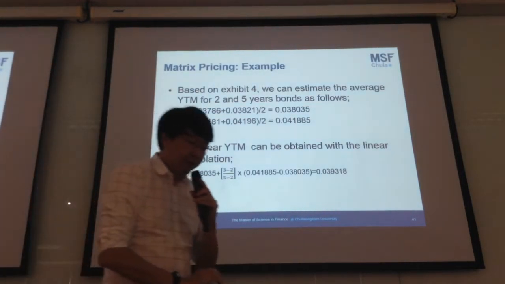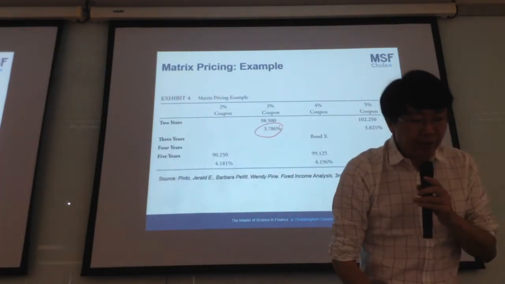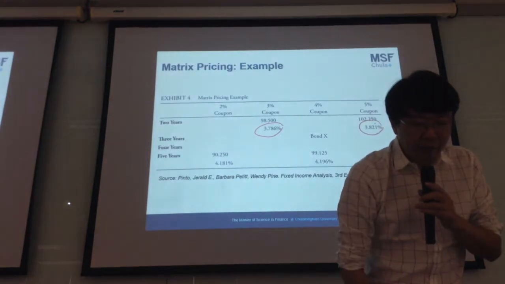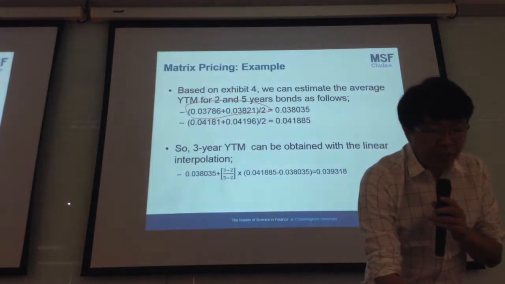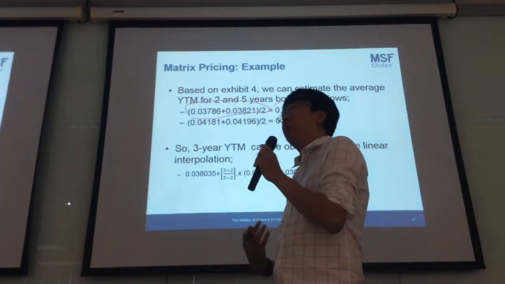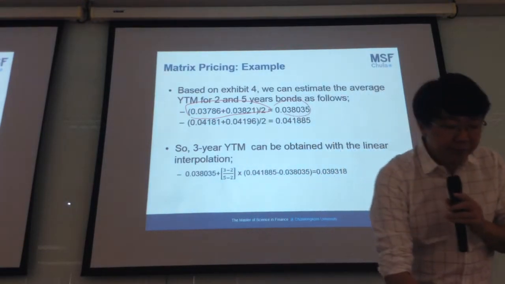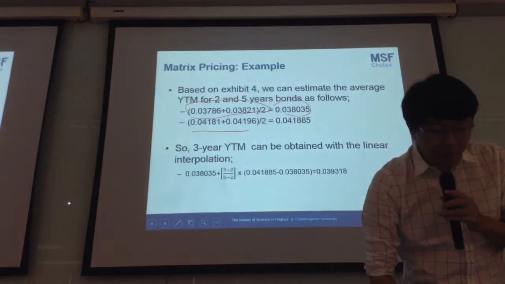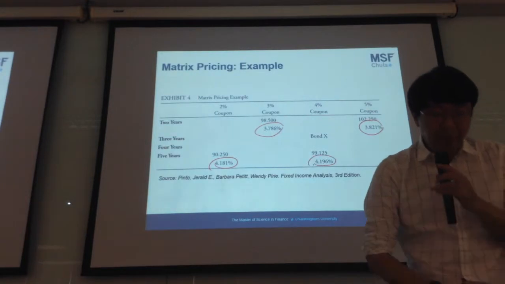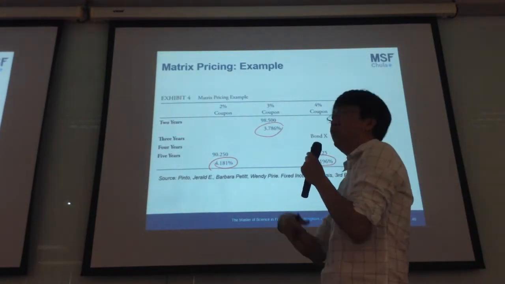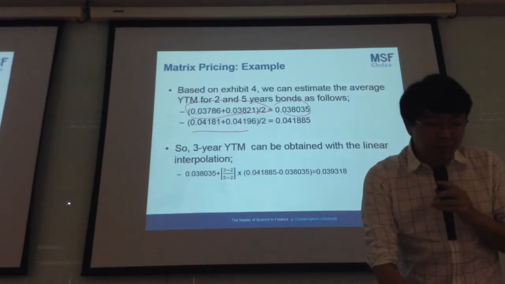The first one has the yield 3.786% and the other one has the yield equal to 3.821%. So we take the simple average to get the representative yield for the 2-year bond. And do the same for the 5-year bond, with yields 4.18 and 4.196.